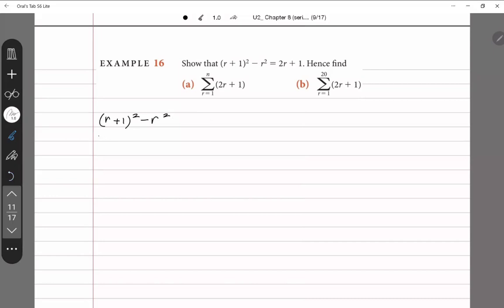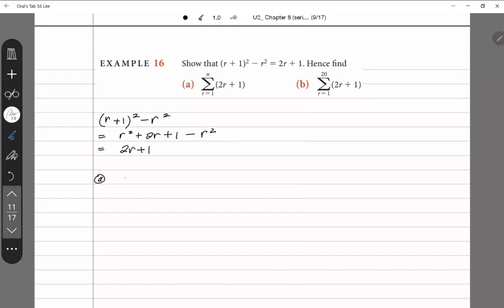Well, that's not difficult. This is actually equal to r squared plus 2r plus 1 minus r squared, and this is just 2r plus 1. So it's actually very easy.